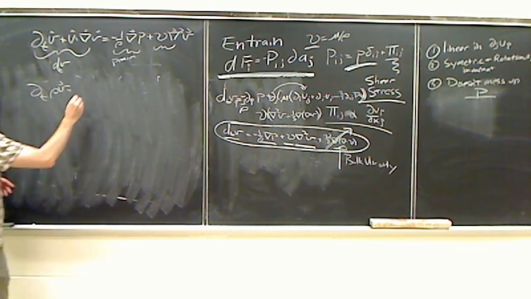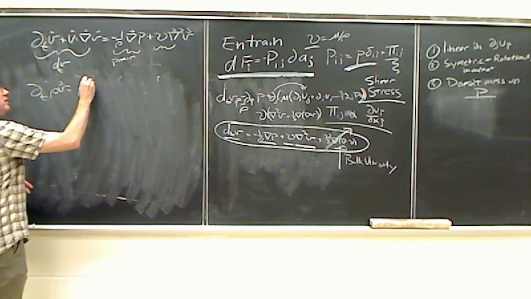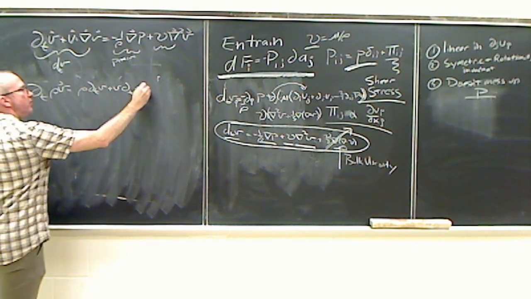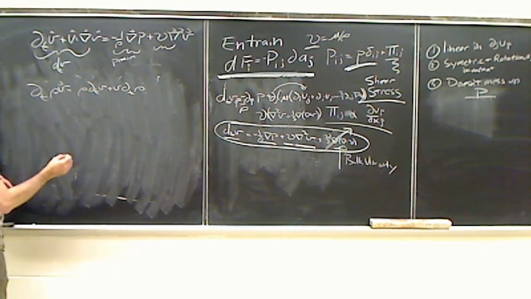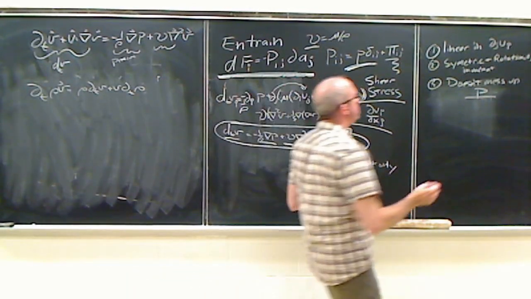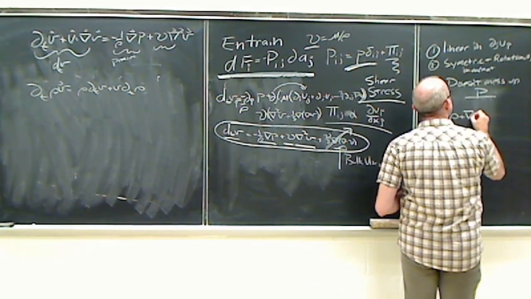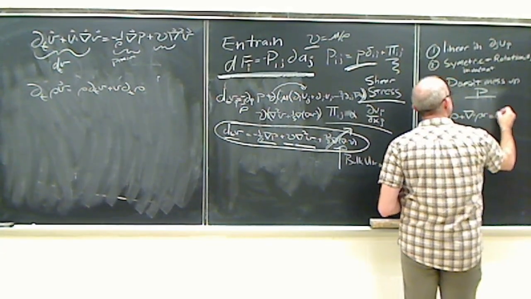So just by product rule, this is rho d by dt of v plus v d by dt of rho. And I should have written up continuity. Let's do that here: dt of rho plus div rho v equals 0.